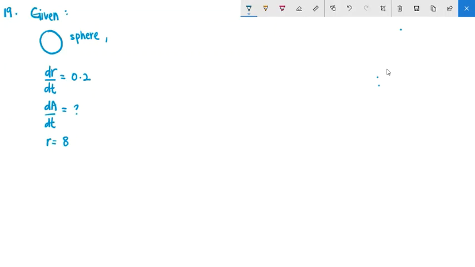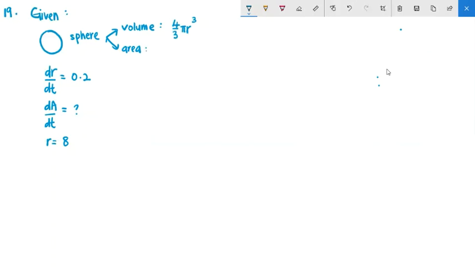Okay, one thing yang kita kena tahu dekat sphere, dia boleh jadi volume or area. Okay, it's a pearl. Pearl bentuk sphere boleh jadi volume or area. If volume, dia akan jadi V is equal to 4 over 3 pi R kuasa 3.